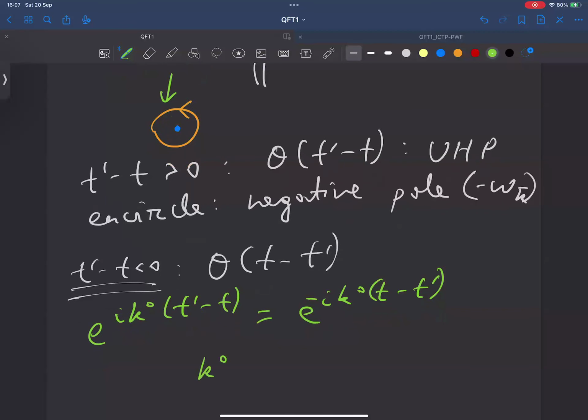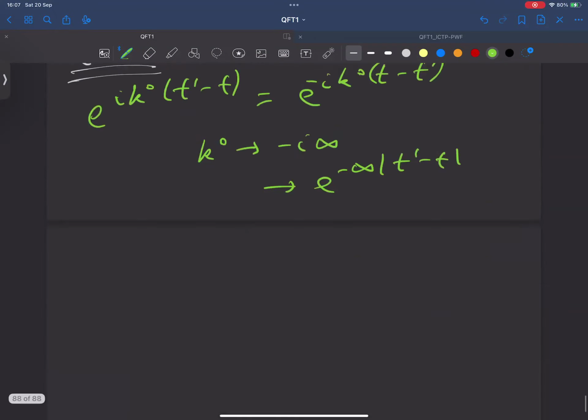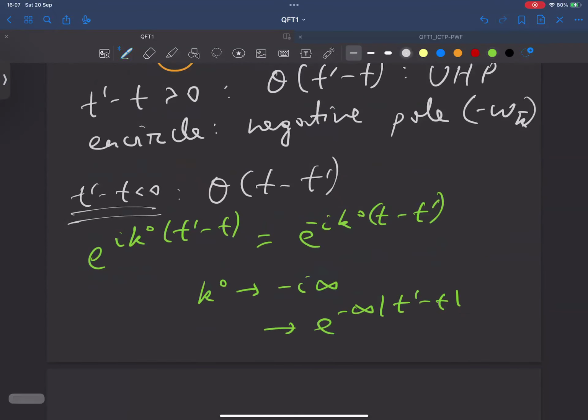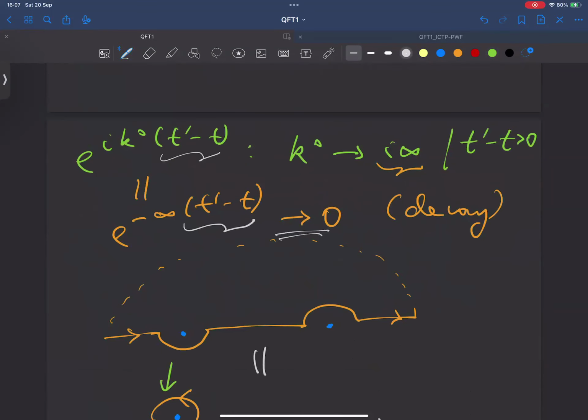So if you take k0 to minus i infinity, you get e to the power minus infinity. This is a simple argument: the exponential flips sign when t prime minus t is negative, so you have to take k0 along the negative axis.